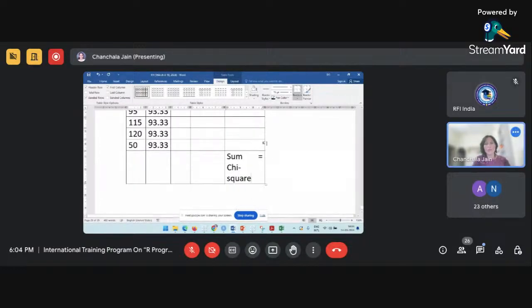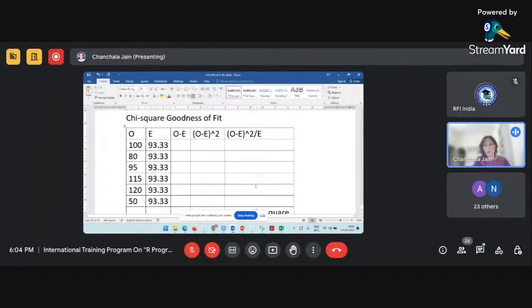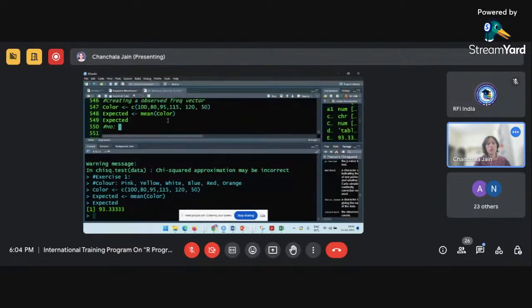This is the manual process, right? But in R or some other software, the process is a little different, so we are not going into this particular form. We are talking about this form. Here I was talking about the hypothesis. I'm writing it both ways.